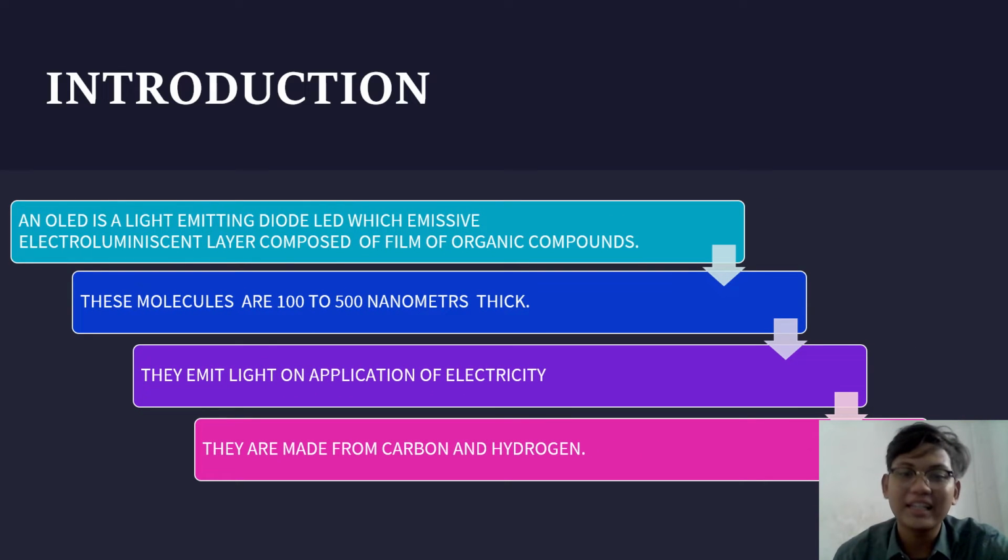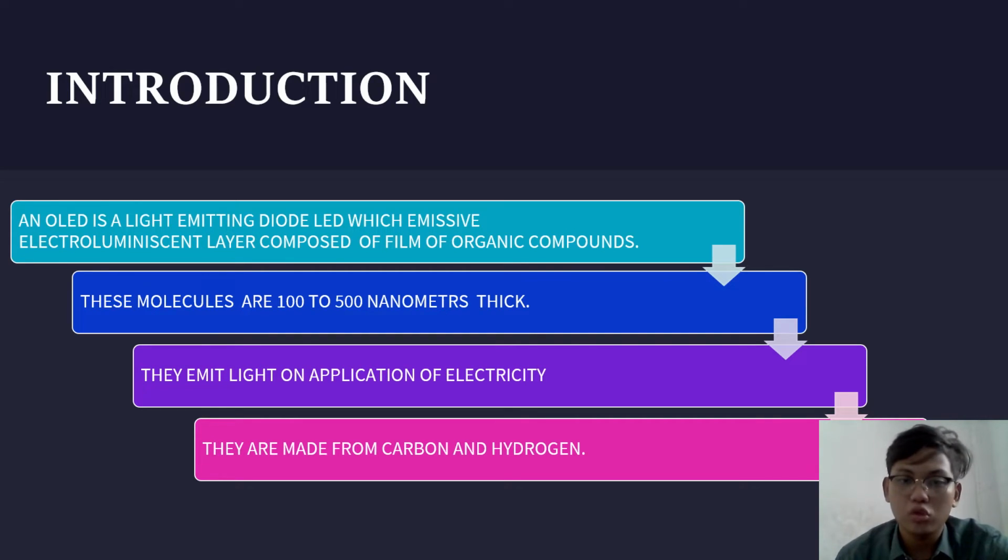An organic light-emitting diode, also known as OLED, is a light-emitting diode, also known as LED, in which the emissive electroluminescent layer is a film of organic compound that emits light in response to an electric current.